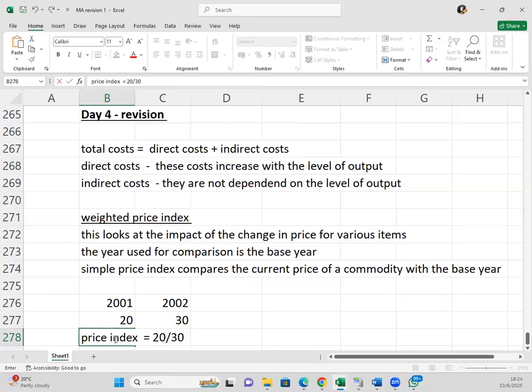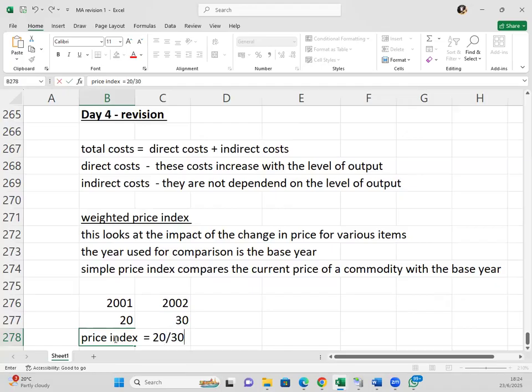So we are saying 20 over 30, what do we get?